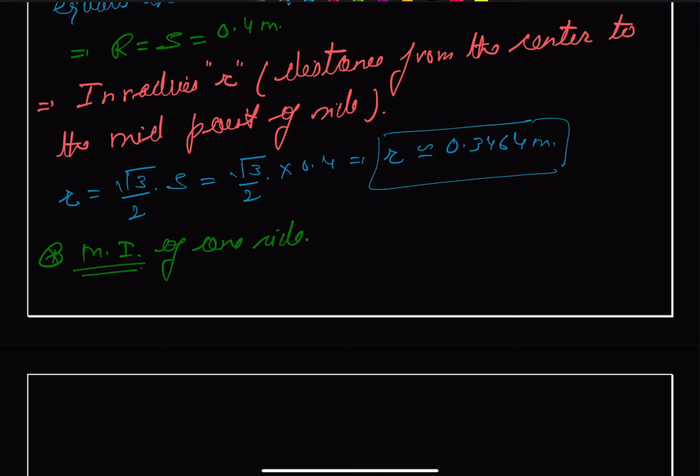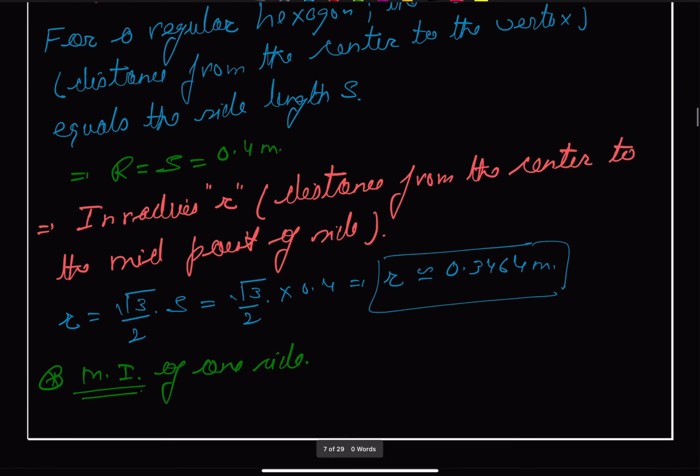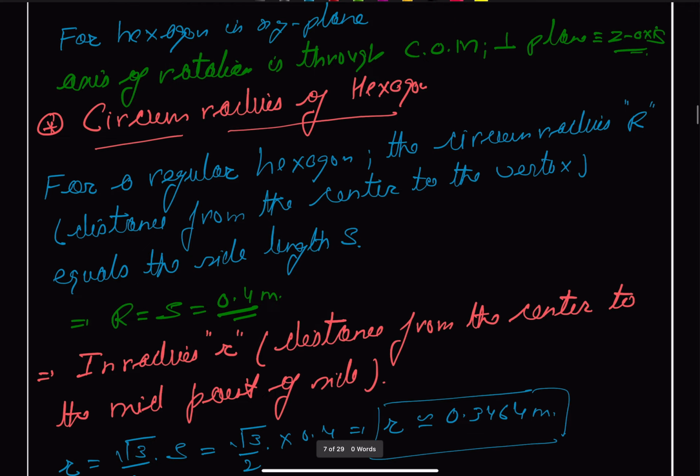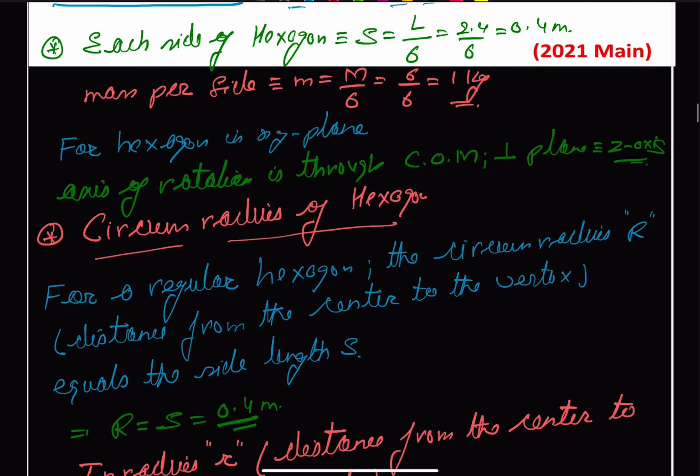And we just found out that one side is having a length of 0.4 meter and its mass per side is 1 kg.